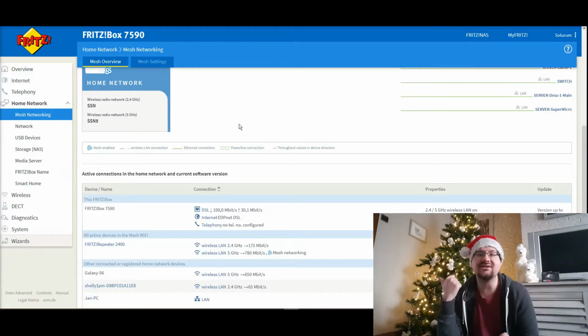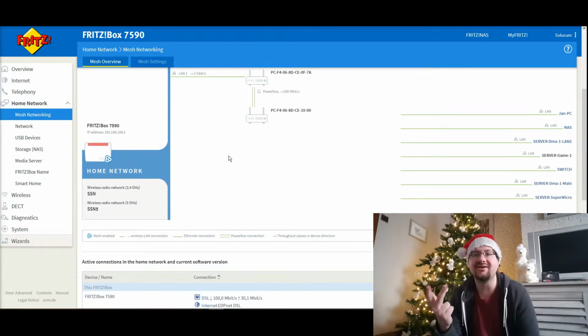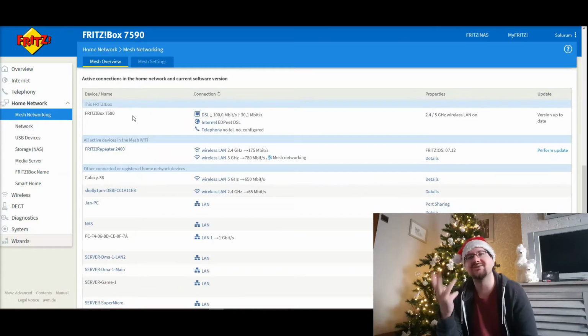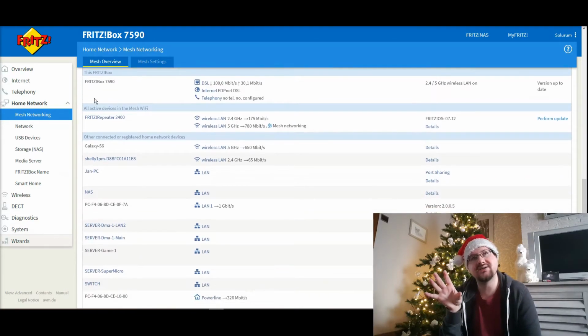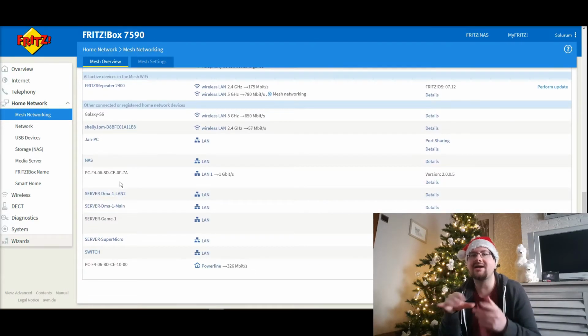What's more interesting, and that's what I'm going to work on next, and in the next video I'll talk about what I did there, is that the Fritz box is the core, because it has all the information on everything wireless, it has my mesh Wi-Fi, it has the wired connections, it has what's connected to the internet. That's actually concerning data and network.